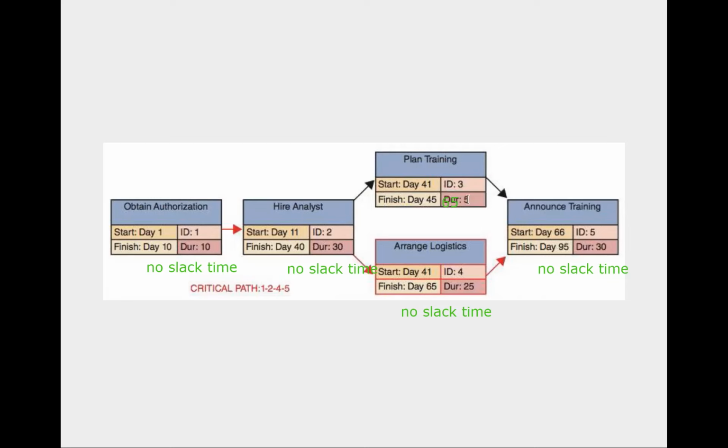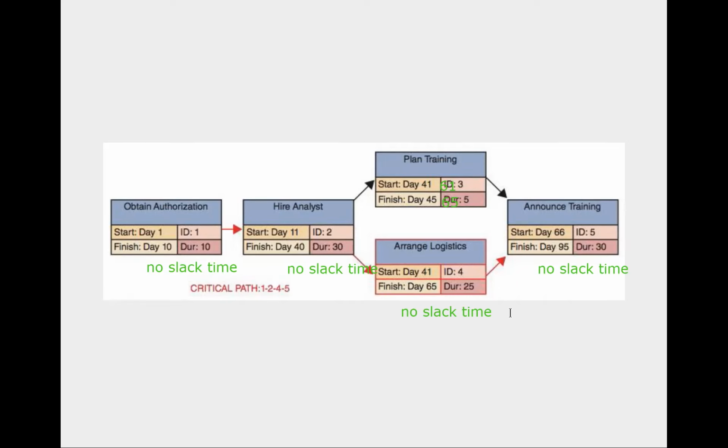The duration is 5, so that means you have to start by 61. So the latest possible date that you can start task number 3 is day number 61. So you can see there's a 20 days delay from 41 to 61.